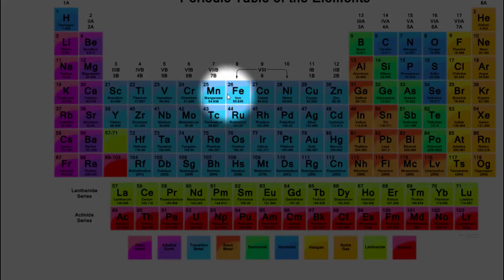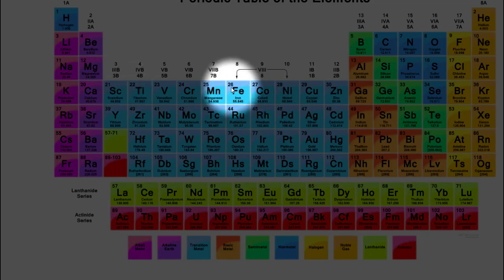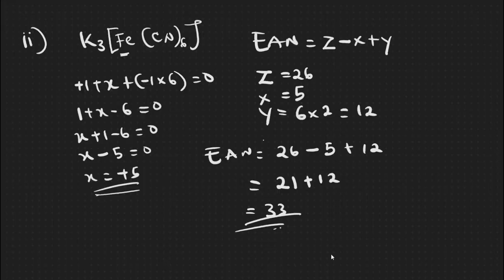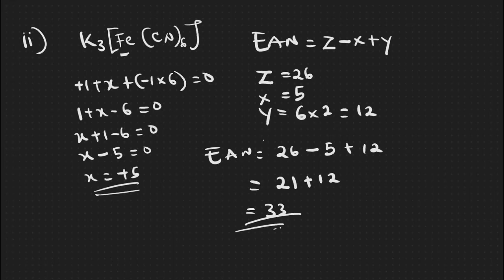So iron is in period 4. Can you see it? Remember, our effective atomic number is 33. So let's check. Is there any? Of course, 33 on that period is arsenic, right? Arsenic is not a noble gas. So our conclusion here is that this one will not be a stable complex.